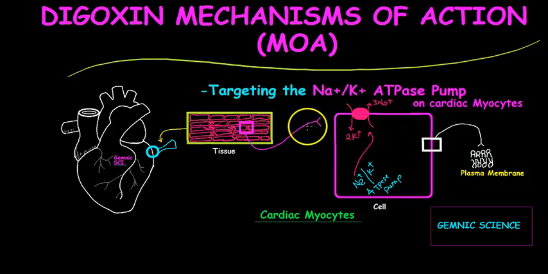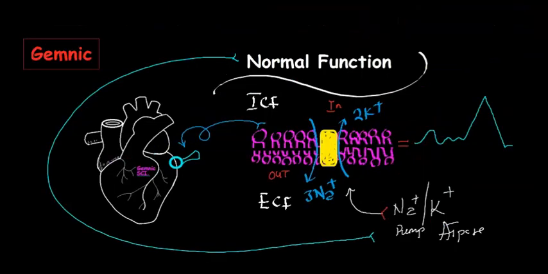So basically, with digoxin interaction, notice that when digoxin enters the bloodstream, it binds to inhibit, and we said inhibit simply means to block, the sodium-potassium pump ATPase on the surface of the cardiac myocyte membrane. The inhibition of this pump prevents sodium from being pumped out of the cell.